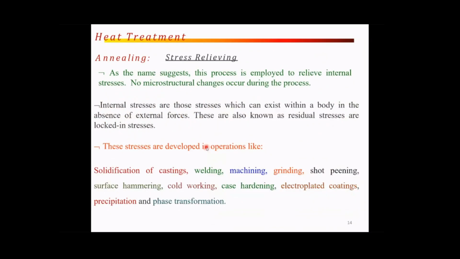Then stress relieving annealing. Stress relieving annealing is done to remove the internal stresses held in the internal structure of the material. These stresses are developed in operations like solidification of castings, welding, machining, grinding, shot peening, surface hammering, cold working, case hardening, electroplated coatings, precipitation, and phase transformation.